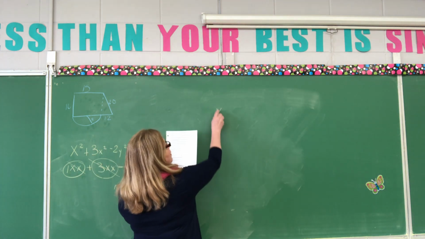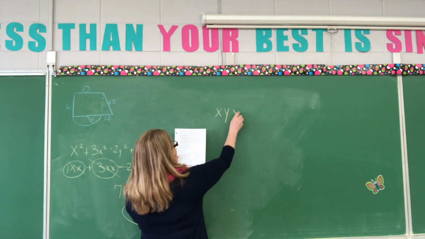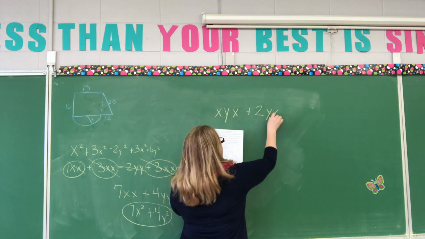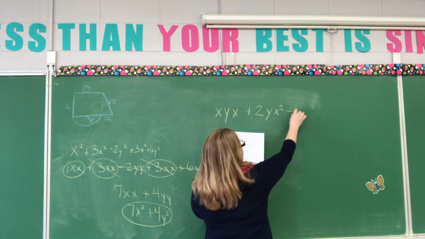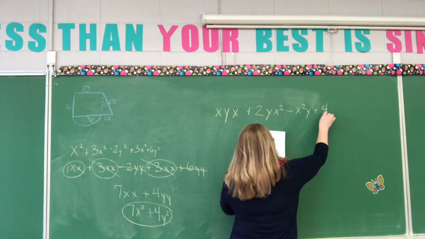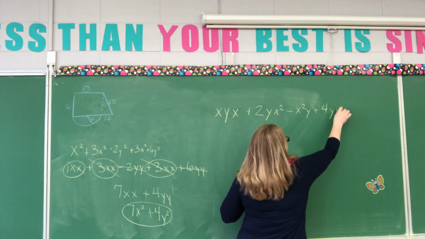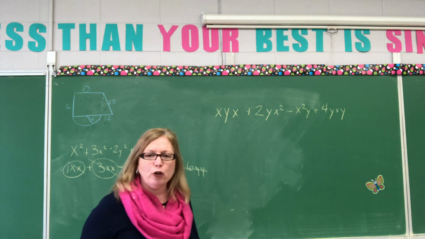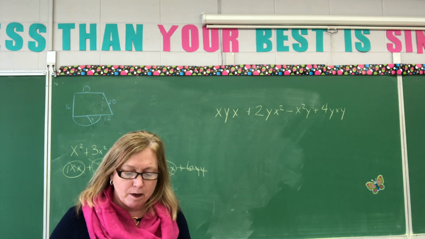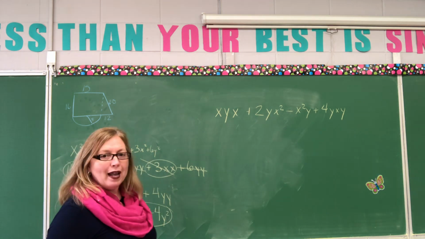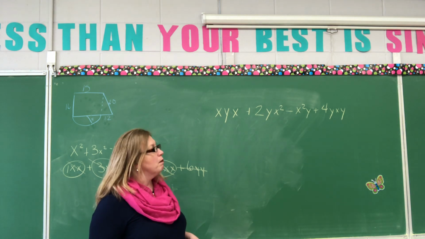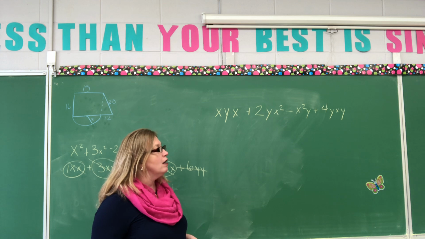What if you had xyx plus 2yx squared minus x squared y plus 4yxy? Write that down on your piece of paper, especially if you struggle with these, because it is on your test.